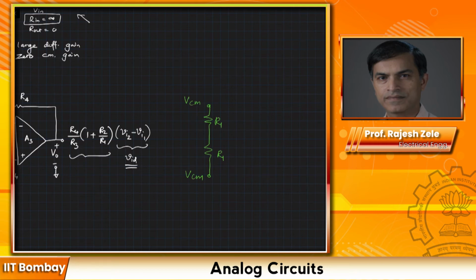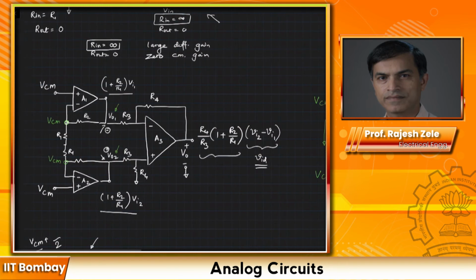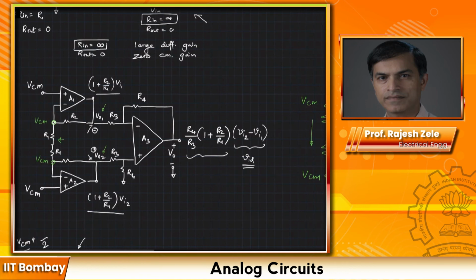But the interesting part is, if on both sides of the resistor the signal VCM is moving up and down together, then there is no current that can flow inside these two resistors, because delta V is equal to 0. So there will not be any common mode current flowing through these resistors. Coming back here, no common mode current flows through these two resistors, R1 and R1.